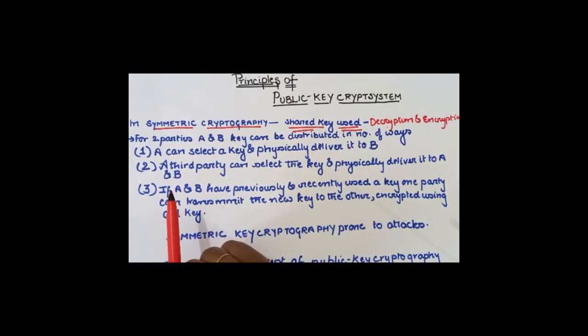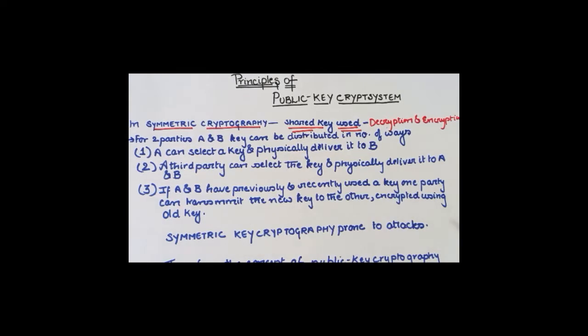Moving on to the second one, which is third party selection, wherein we leave the decision of selection of a key and delivery of the key to a third party. The third party is a trusted party, the one that will decide upon what key is going to be used, along with the physical delivery of the shared secret key.